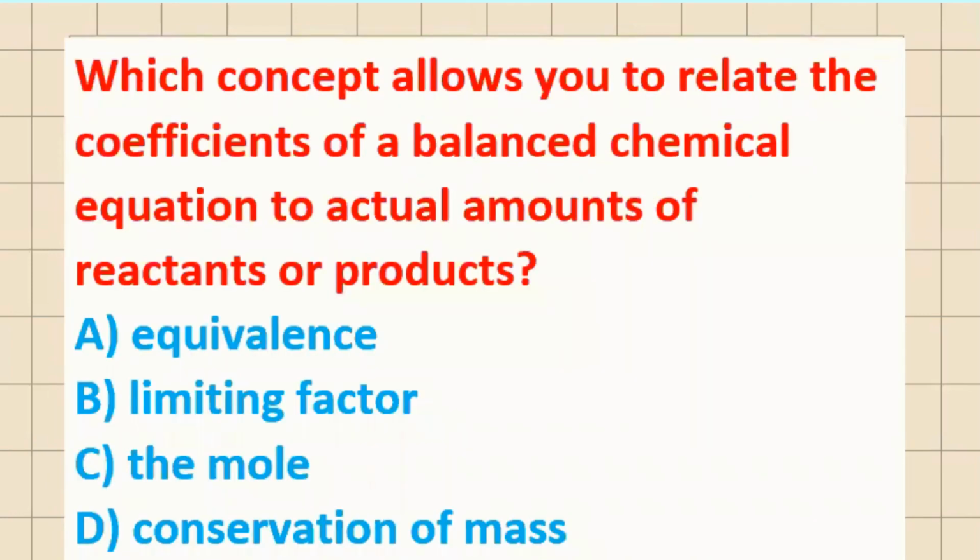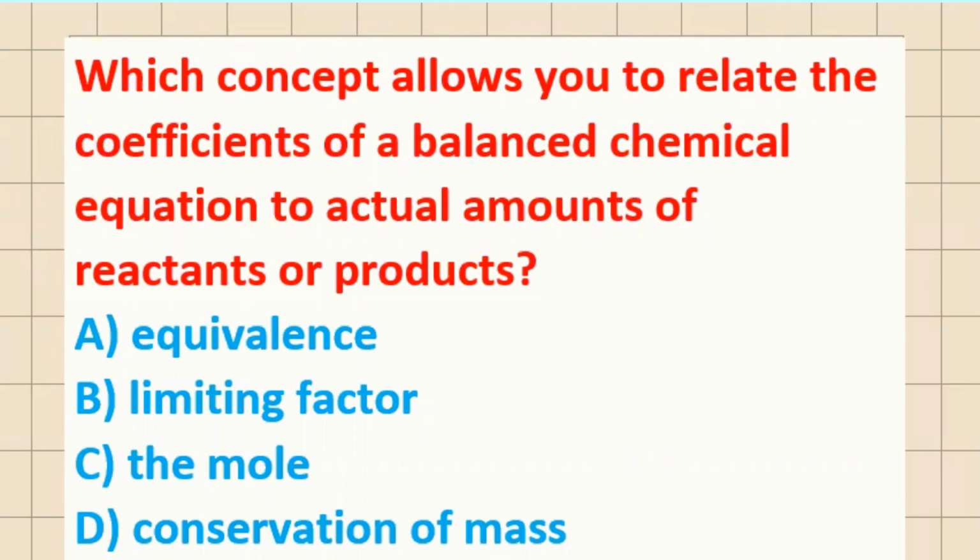Which concept allows you to relate the coefficients of a balanced chemical equation to actual amounts of reactants or products? Okay, why do we balance a chemical equation?